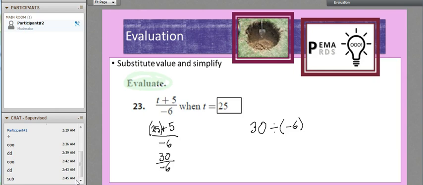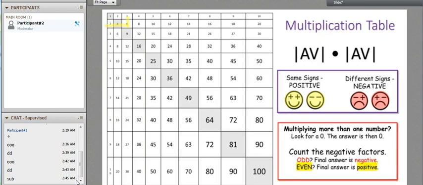30 divided by negative 6. So where's my thing? Here we go. 30. Absolute value of negative 6 is 6. 30. All right. So what do I do? Oh, it's 5. There we go.